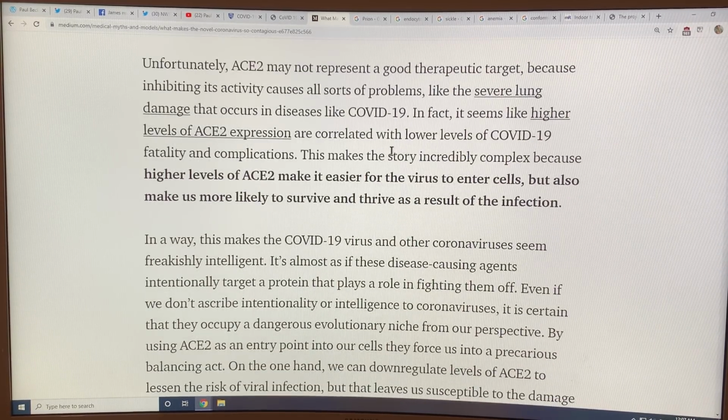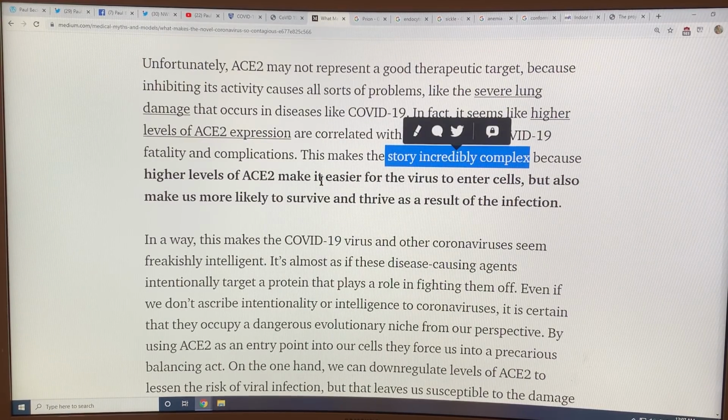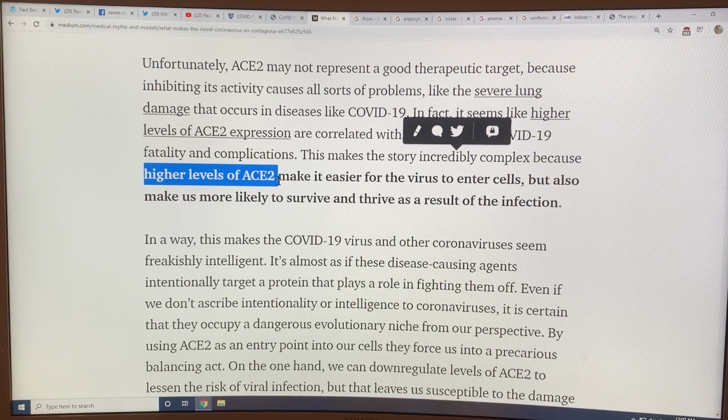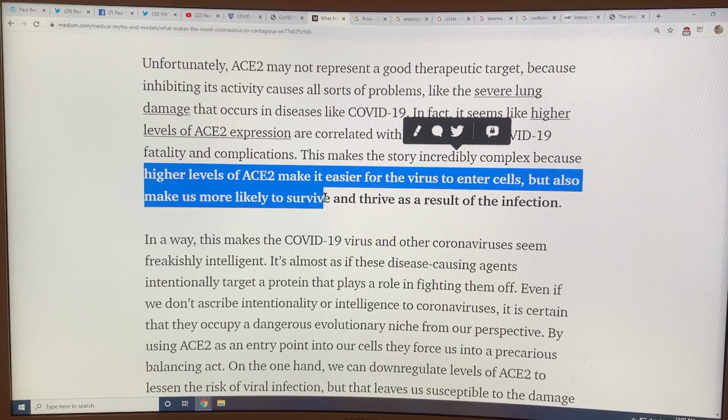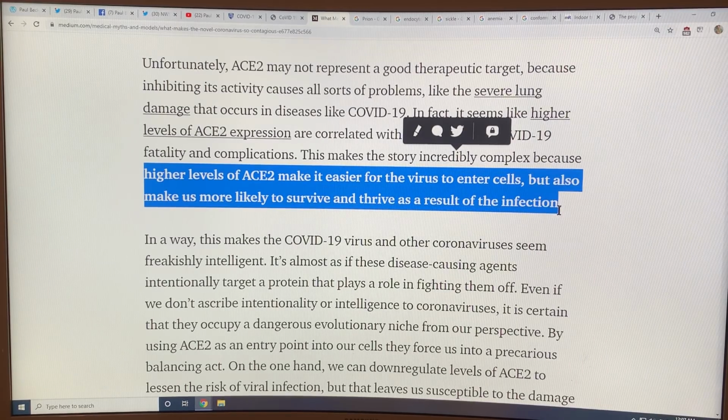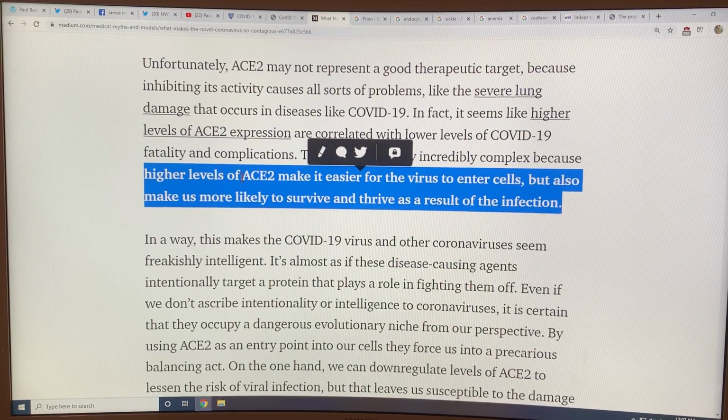But the story is incredibly complex. I hope I'm not botching it up too much. If there are higher levels of these ACE2 receptors, it's easier for the virus to enter the cell, but it also makes us more likely to survive and thrive after the infection. If there are lower levels of ACE2, it's harder for the virus to enter the cell, but if it does, it's a lot more deadly.